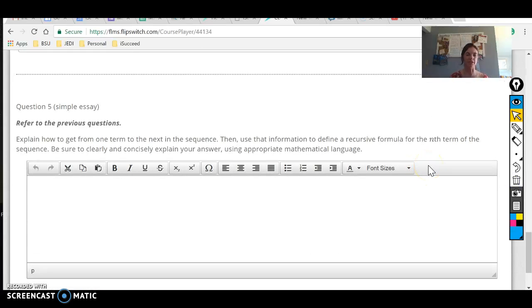And the final question here, explain how to get from one term to the next in the sequence. Okay. So when I have the explicit formula, I don't need to move from one term to the next. I can find any term, okay? I don't need to know my previous term when I'm dealing with that explicit formula, because all I have to do is know the value of n.